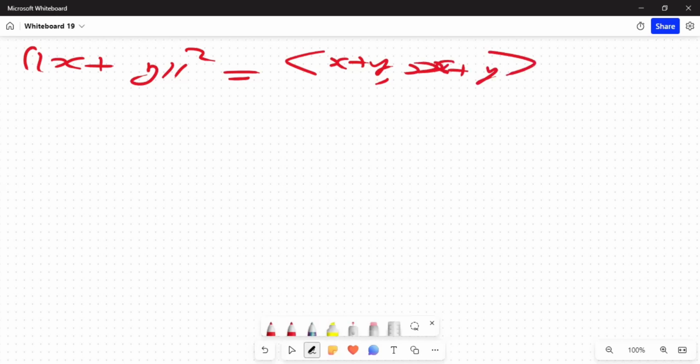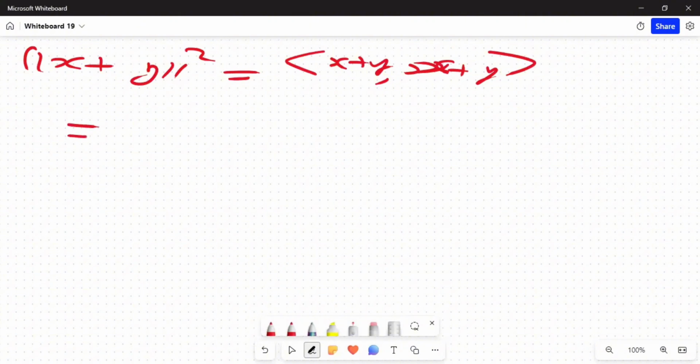This is supposed to be a square root, but I squared both sides. If I square this side, that square root disappears, and I square the other side too. I hope you know that.